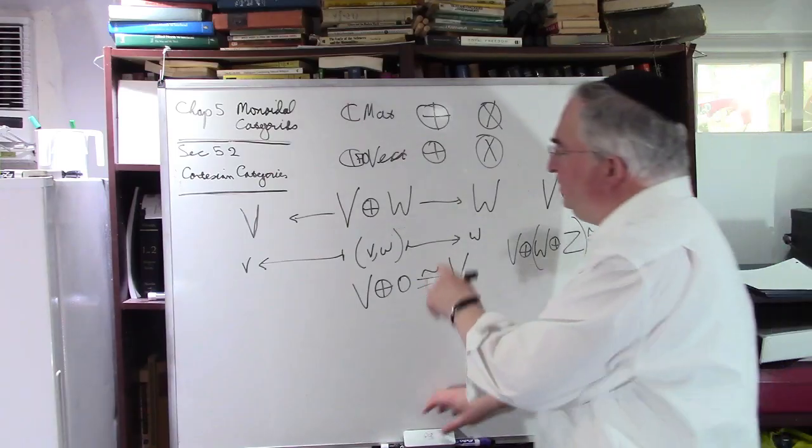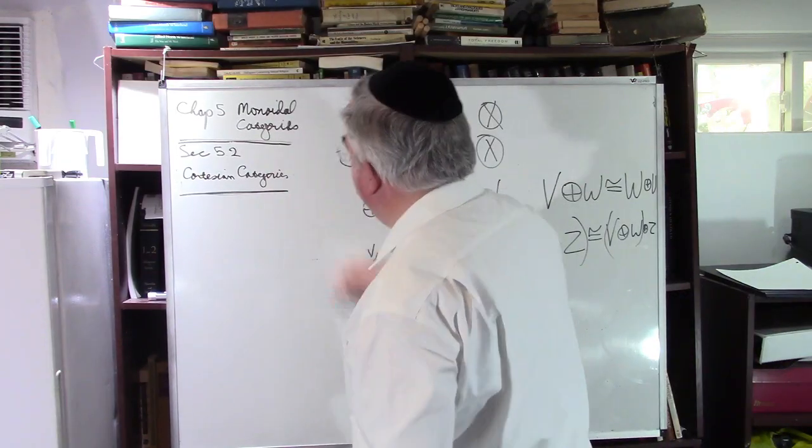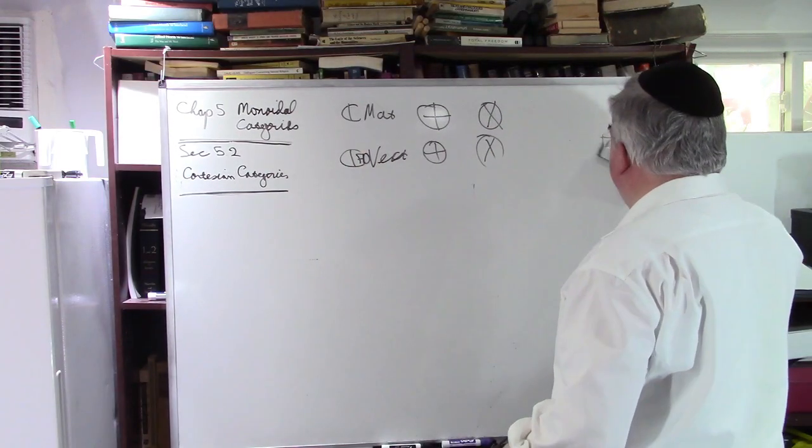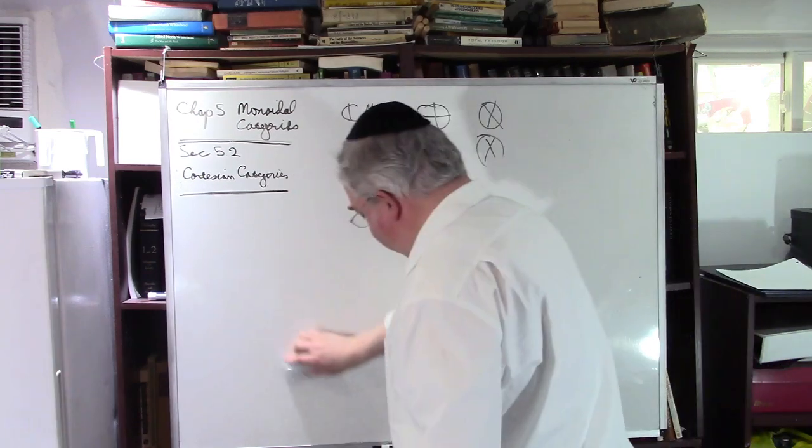Since we're adding these finite dimensional vector spaces, I just want to show how it works in terms of basis.